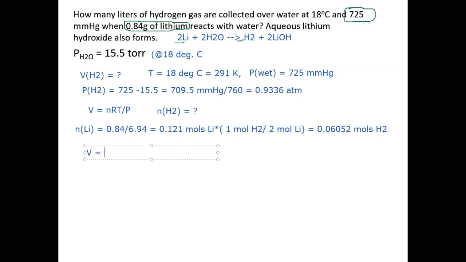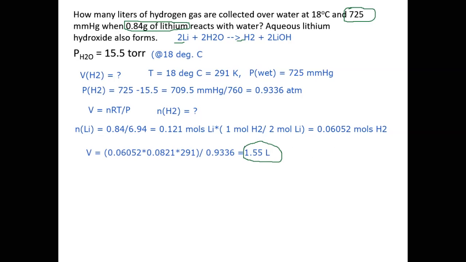So volume equals... so we get 1.55 liters. So that's the volume of H2.